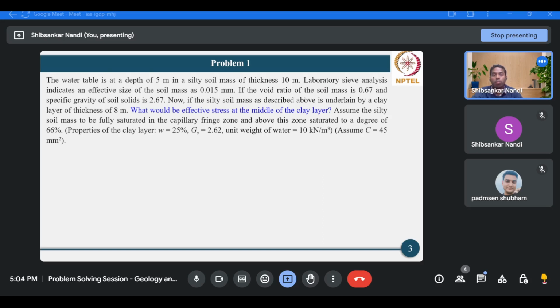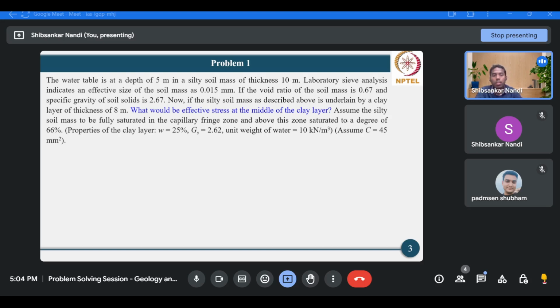If the void ratio of the soil mass is 0.67 and specific gravity of soil solids is 2.67, now if the silty soil mass as described above is underlain by a clay layer of thickness 8 meter, what would be the effective stress at the middle of the clay layer? So this is the main question.